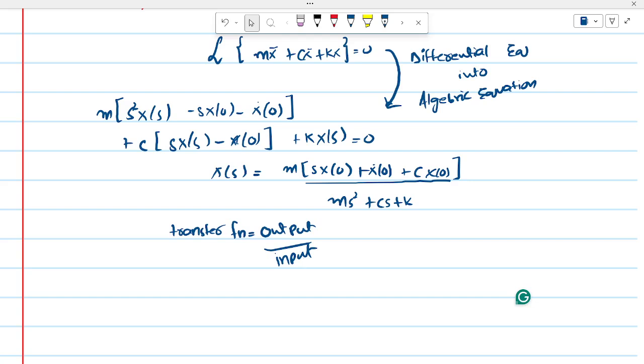So now there are some other methods as well. Energy method, energy conservation approach. There are some numerical integration methods.